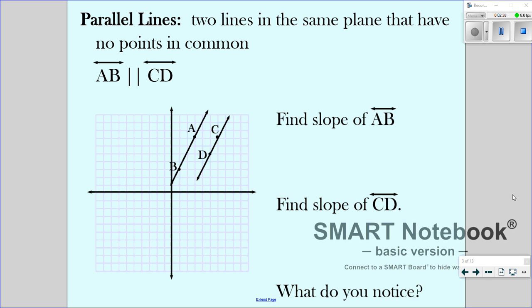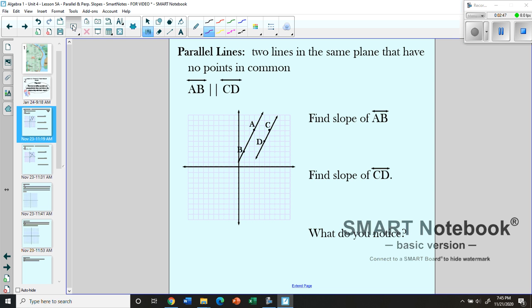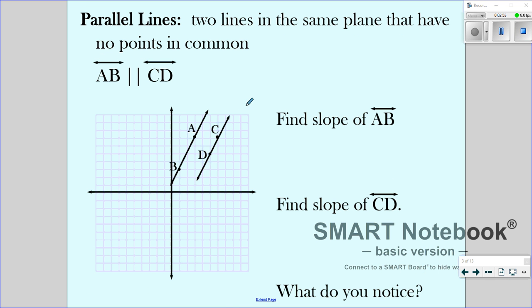Okay, so it says find the slope of AB. So we get the line AB. Again, remember about finding slopes.